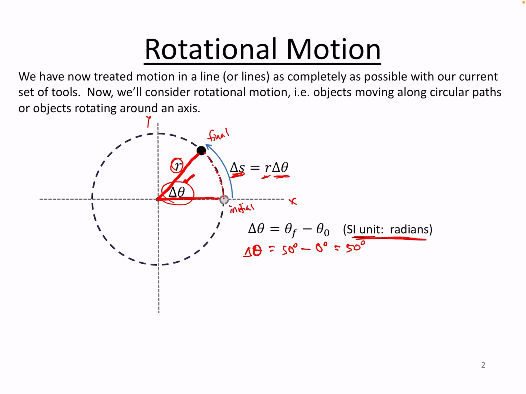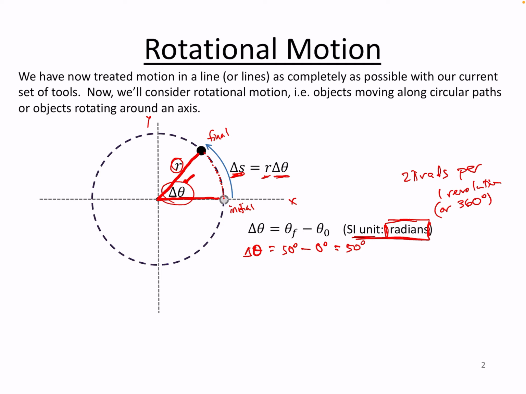But to get the equations that we're going to be using for rotational motion to work out just so, without extra factors of 2 pi running around, we want to use the unit of radians. You're familiar with radians, right? 2 pi radians per 1 revolution, or per 360 degrees.